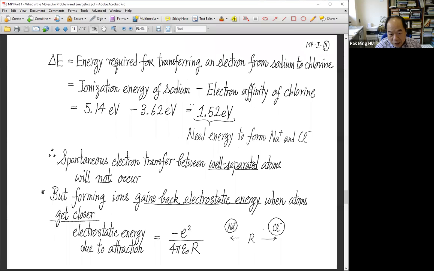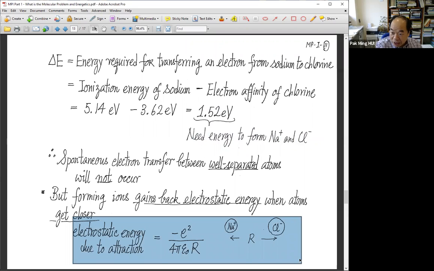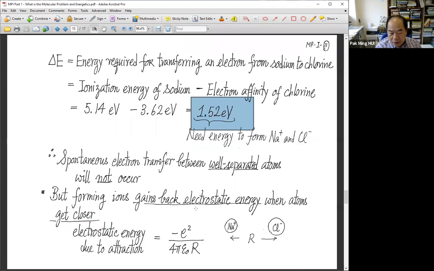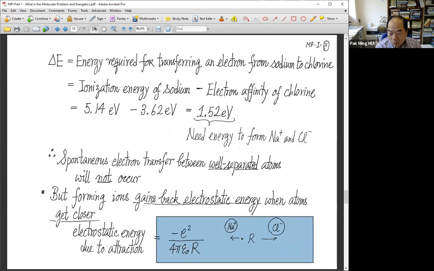We just saw that we need energy to form the two ions, okay? But then we gain back some attractive Coulombic energy that is a function of the separation. So the energy required is constant. This will be more negative when the two ions come closer together. Now you may think they should come closer and closer and closer, so you gain a lot of Coulomb energy.